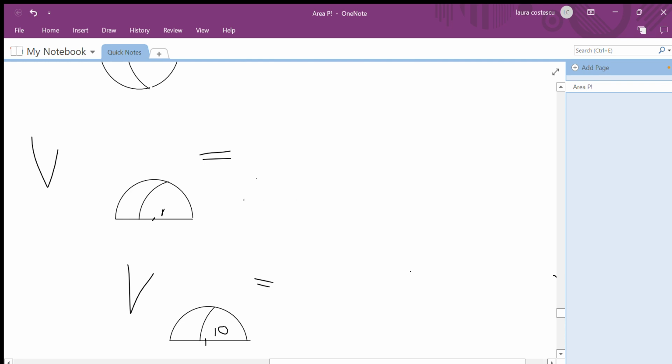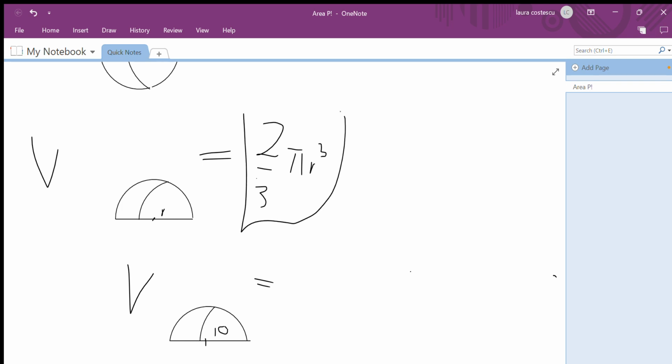What about the hemisphere? I think everybody can agree that this is just a half. So 2 over 3 times pi r cubed. Don't forget about this formula. It's more complicated, I know. It starts being harder and harder.